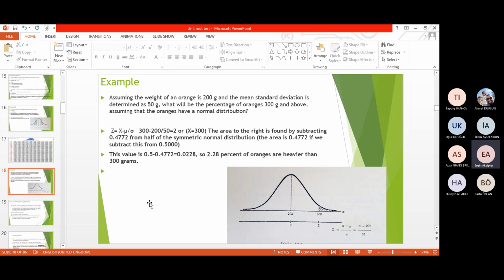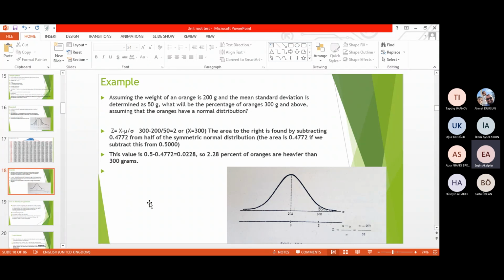So 0.5 minus 0.4772 will give you 0.0228, which is 2.28% of oranges heavier than 300 grams.